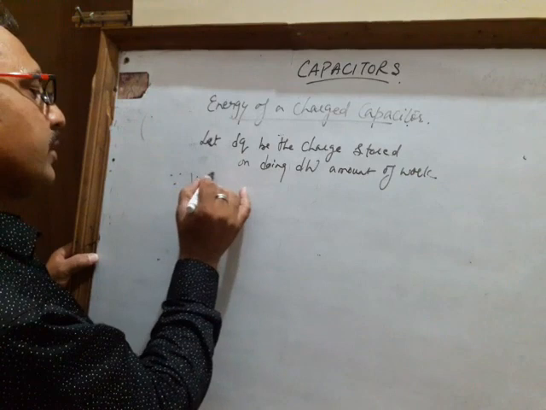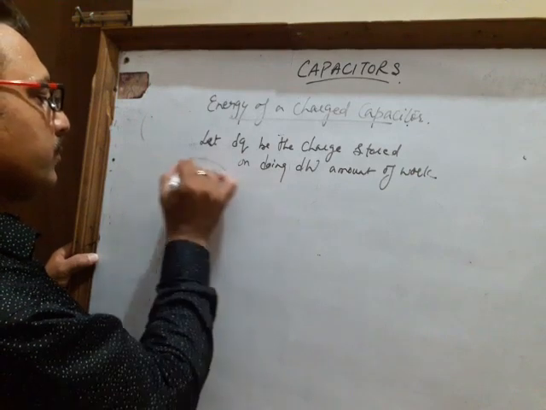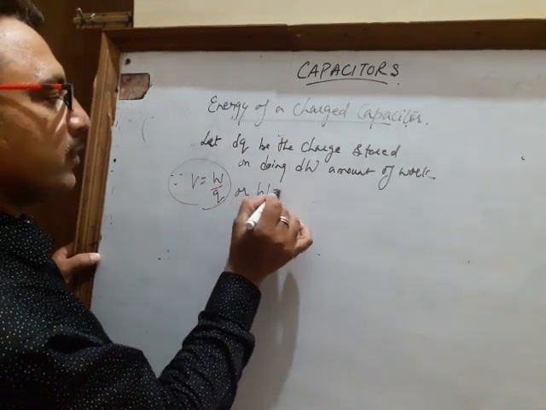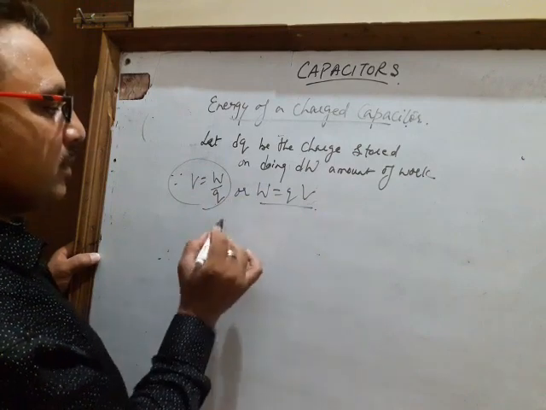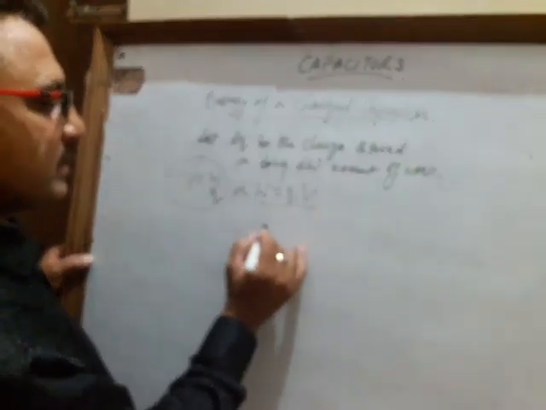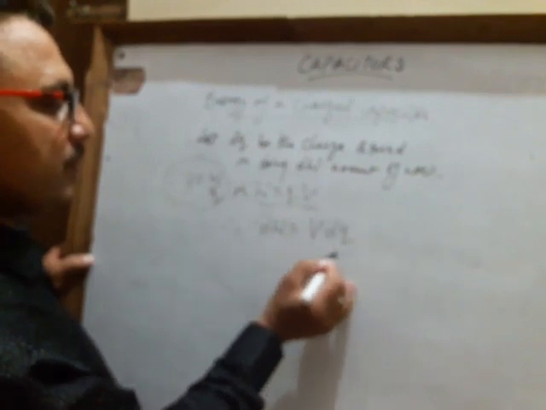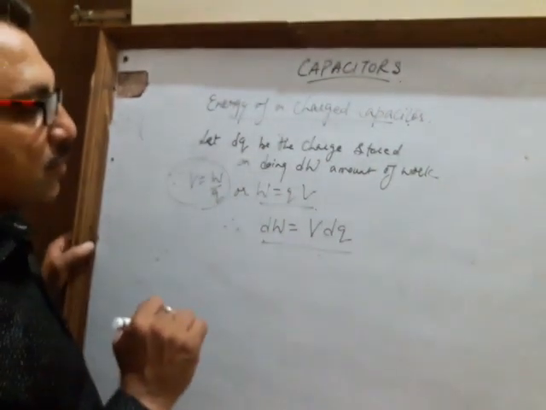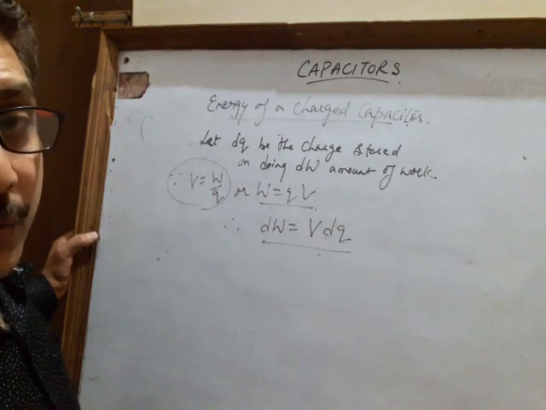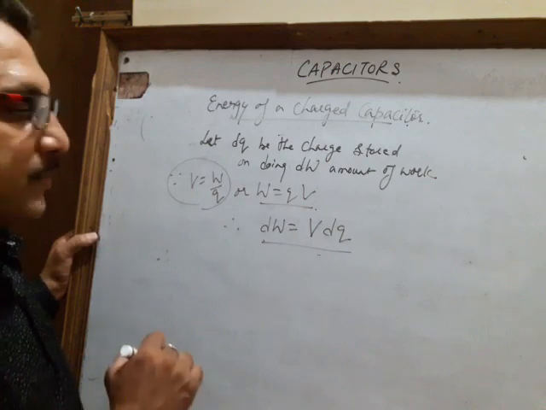Since V equal to W upon Q, this formula you know, or W equal to QV, using this formula you can say dW is equal to V dq. This is the small amount of work in storing dq amount of charge on the plates.